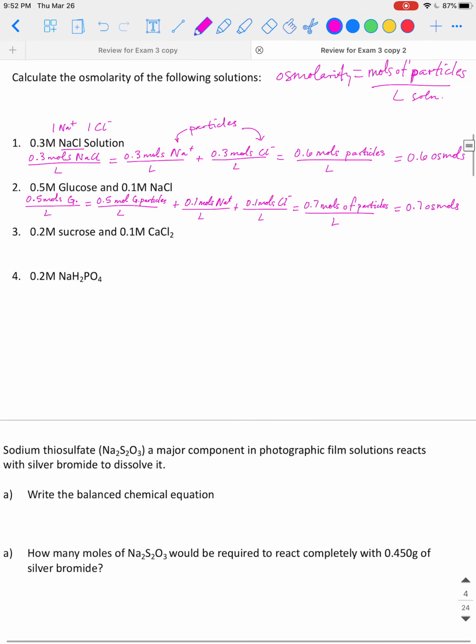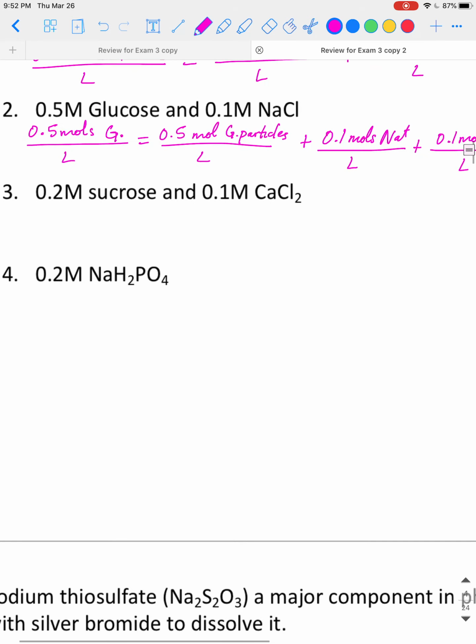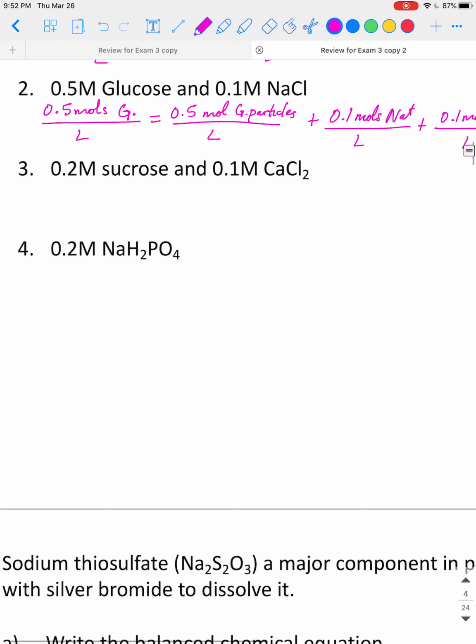Number 3, let's look at sucrose and calcium chloride. So if I have 0.2 molar sucrose, I have 0.2 moles of capital S sucrose particles. Sucrose is very similar to glucose. It's a different kind of sugar in that it will not dissolve into smaller particles in solution, per liter.